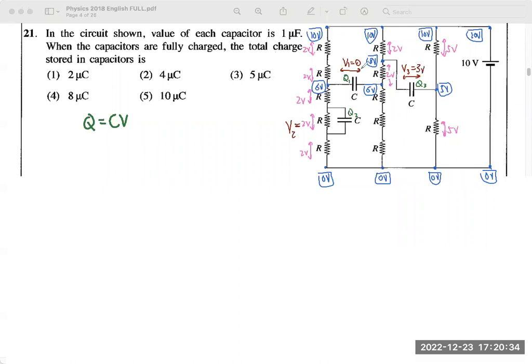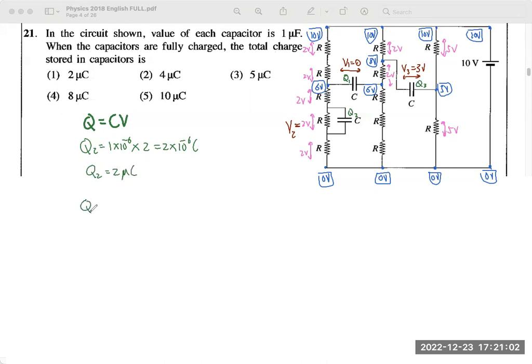Right? And if there is no potential difference across the first capacitor, there will be no charge stored in it. If you take this capacitor, Q2 is equal to capacitance, 1 microfarad, 1 into 10 to the power minus 6, into voltage across that, which is 2. So that is 2 into 10 to the power minus 6 coulomb. Hence Q2 will be equal to 2 microcoulomb.